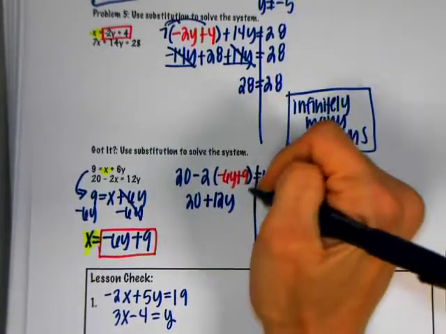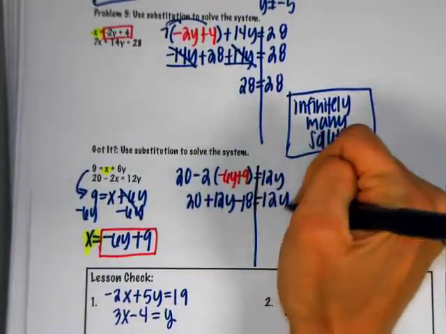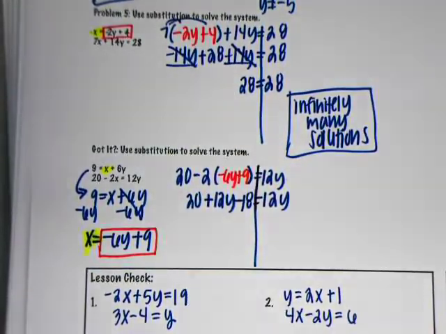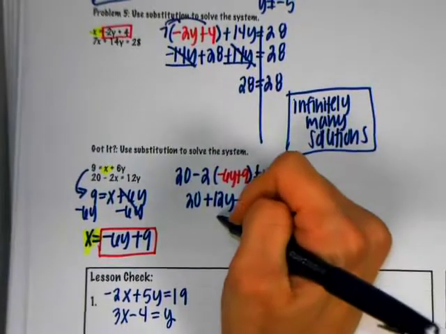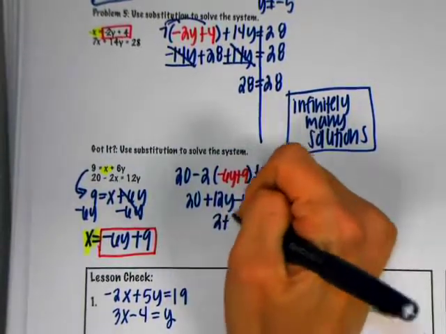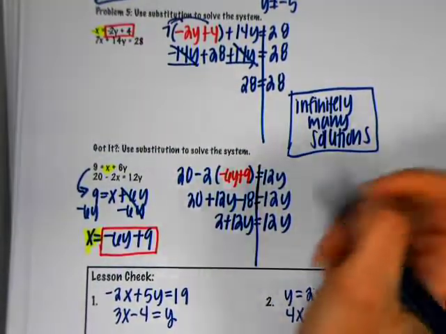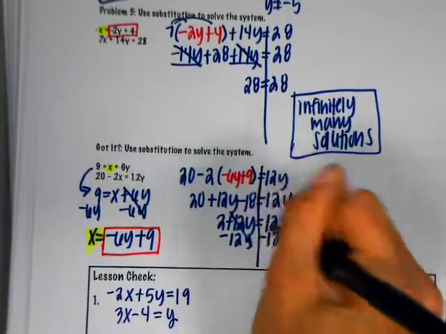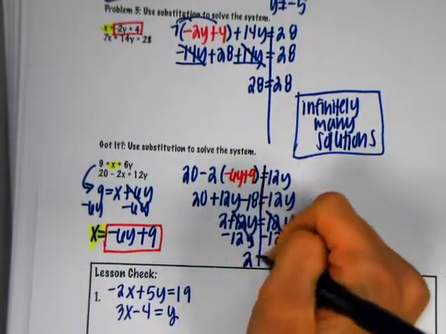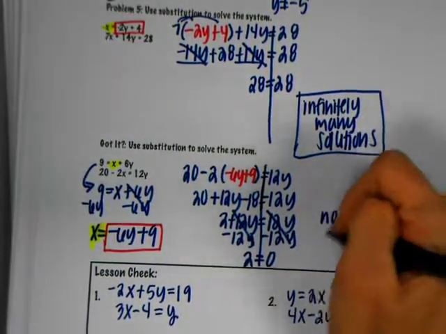Negative 2 times 9 is negative 18. Combine like terms. 20 minus 18 is 2. So 2 plus 12y equals 12y. Then you would subtract 12y over to the other side. And they all cancel. So you end up with 2 equals nothing, so 2 equals 0. Since that's false, your answer is going to be no solution.